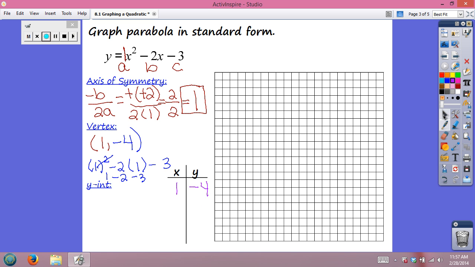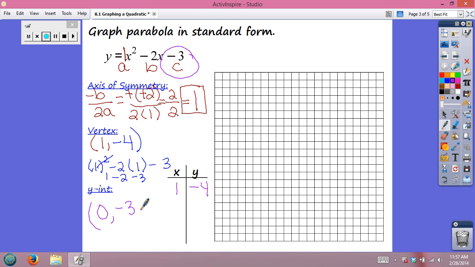And to find the y-intercept, we know that we can just use our c value. So that is negative 3, and we know that in our y-intercept, our x value equals 0. So we have another point to plot on our table, 0, negative 3.